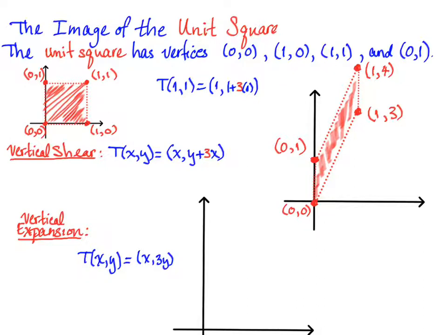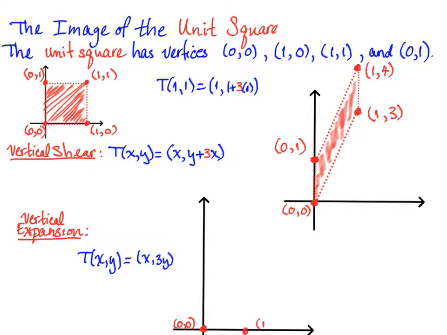And what about the vertex 0, 1? Well, the first component stays the same, but the second component gets multiplied by 3. So anything that didn't have a 0 in the second component changes. But anything that's lying on the x-axis, it has a 0 in the second component, doesn't change.